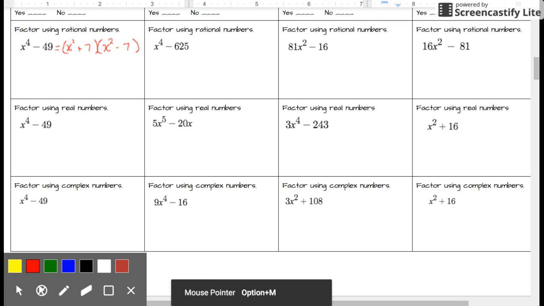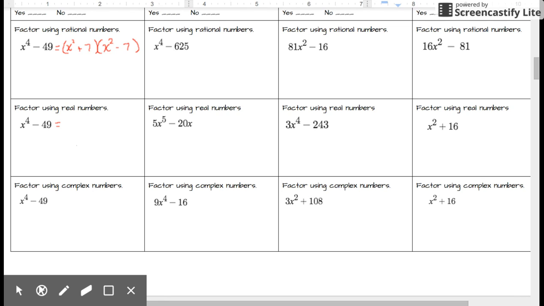Now, let's go down here. Again, x to the fourth minus 49 is a difference of two squares. Now we want to use real numbers in factoring this expression. Real numbers include rationals and irrationals. So this means that we can use square roots of non-perfect squares.